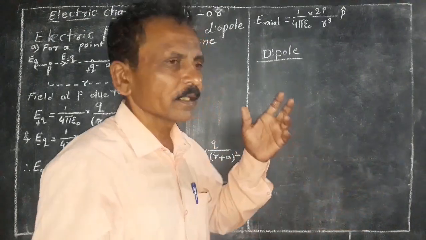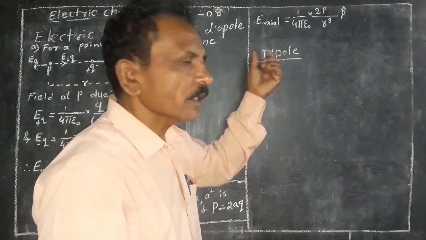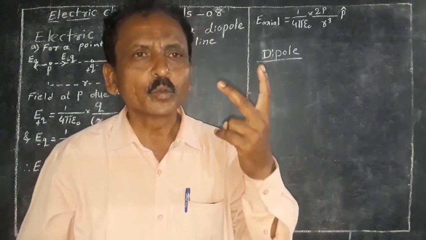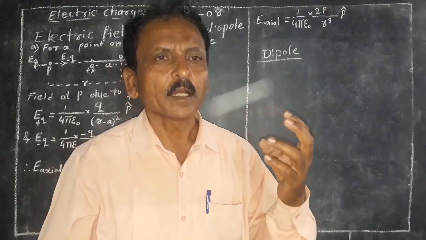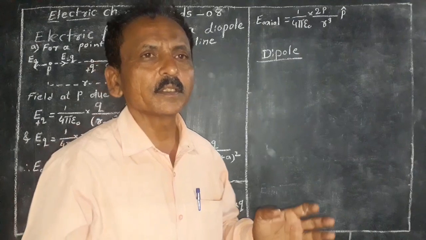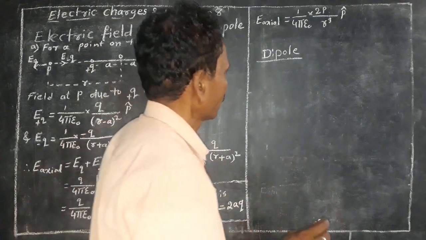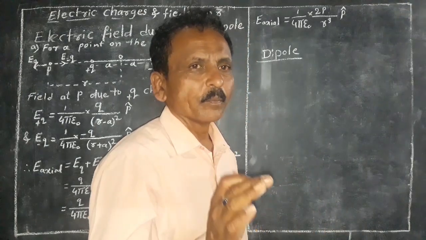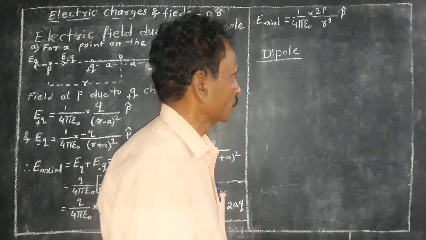That is a magnetic dipole. Here, an electric dipole is a system of two equal and opposite charges separated by a certain distance 2a, and it has a dipole moment from minus q to plus q.